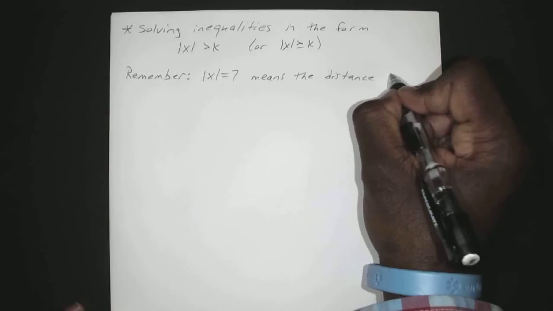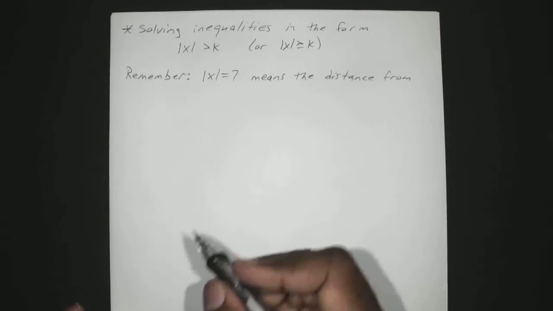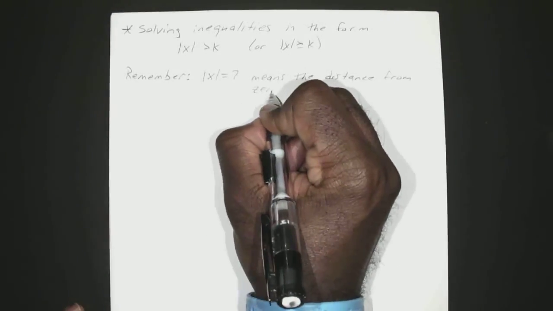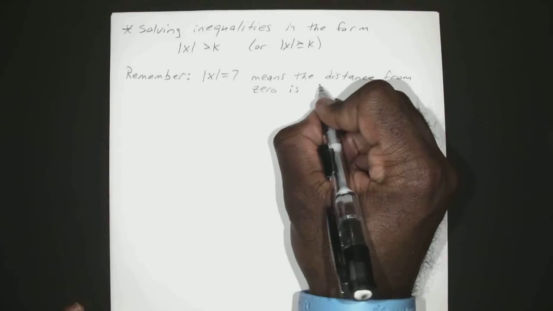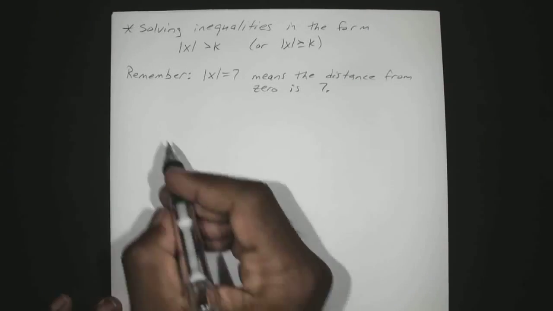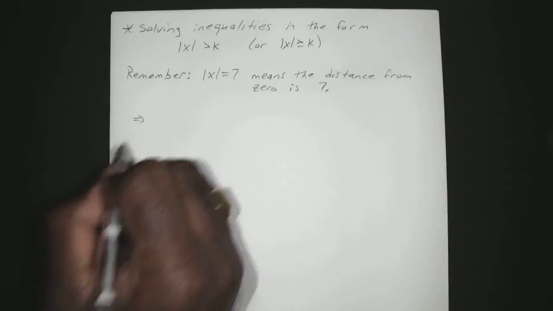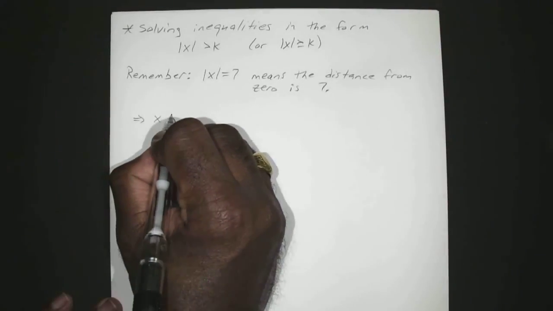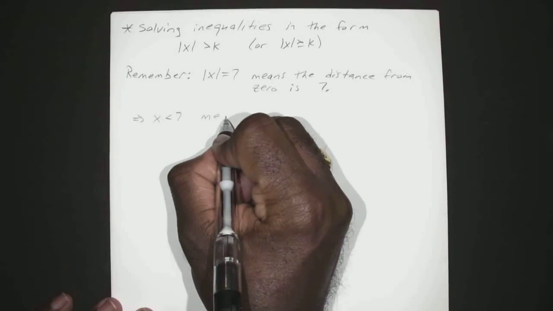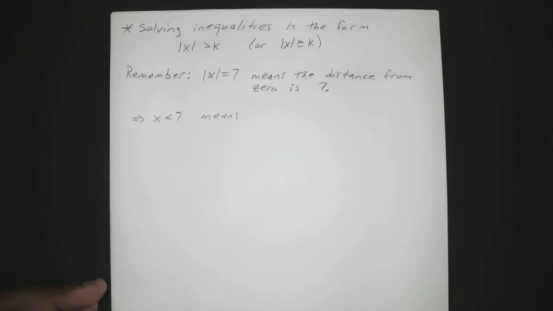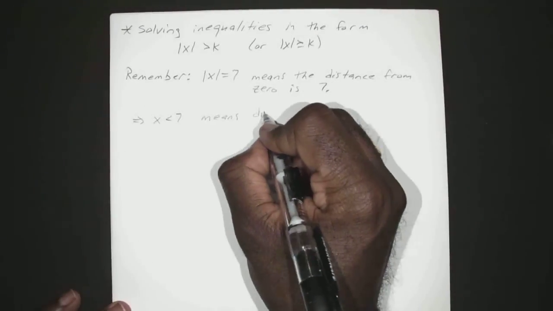That's all the absolute value means. And remember that x is less than 7 just means the distance from 0 is less than 7.